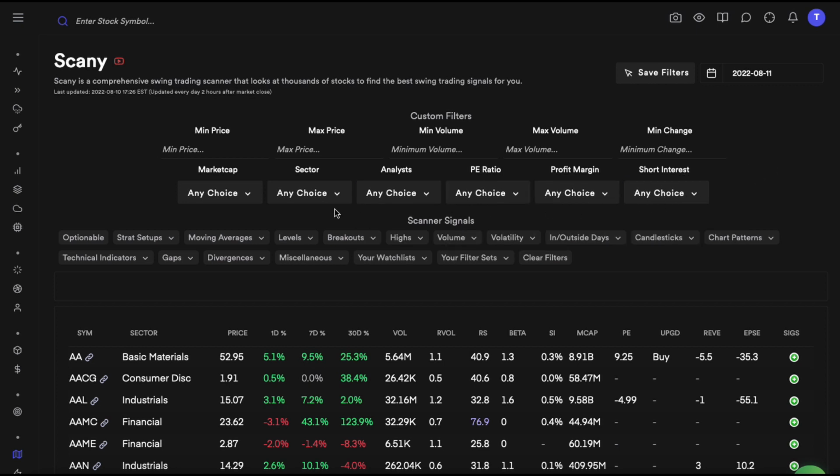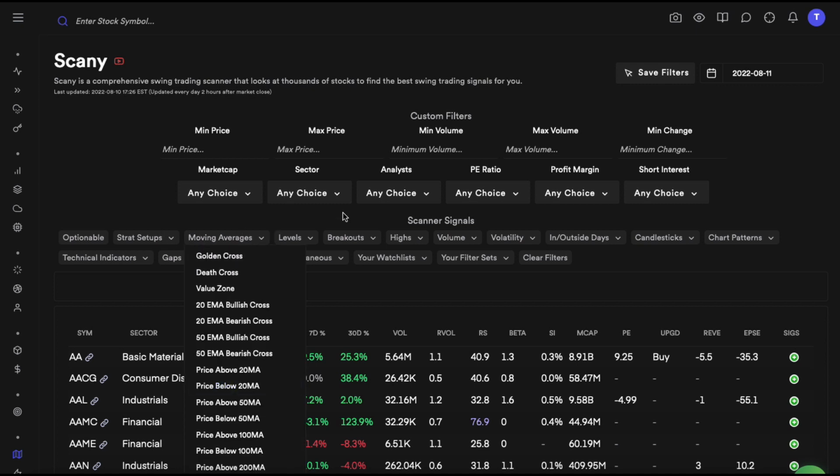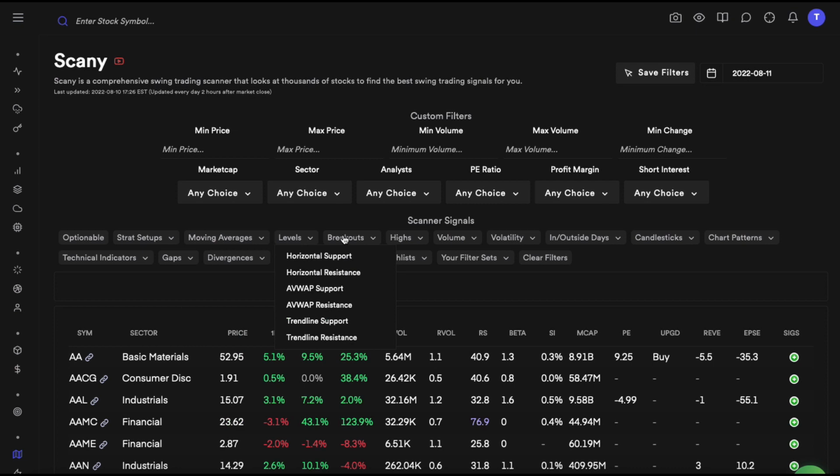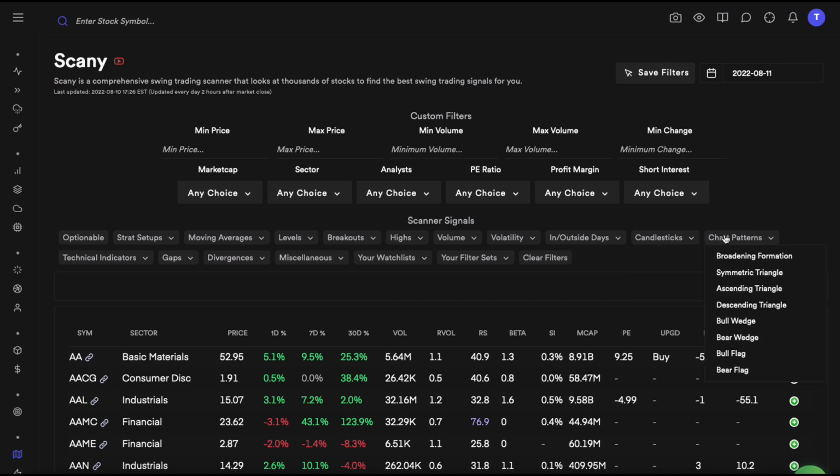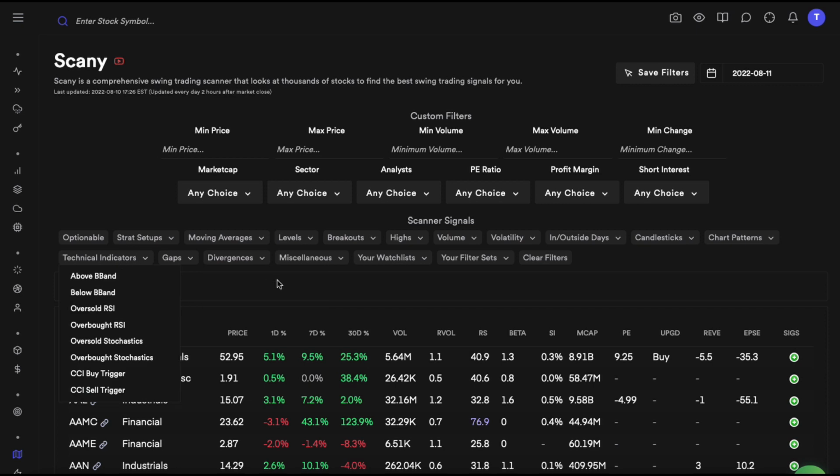But what's more interesting, and I think the novelty, comes from all of these scanning capabilities that we have with our own scanner signals. So you have moving averages, support and resistance levels, all kinds of trend lines, anchored VWAP, horizontal supports, breakouts, volatility measures, inside and outside days, different combinations, different candlestick patterns, different charting patterns, and different divergences, gaps, technical indicators, and similar stuff.